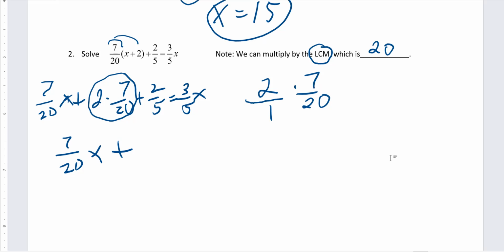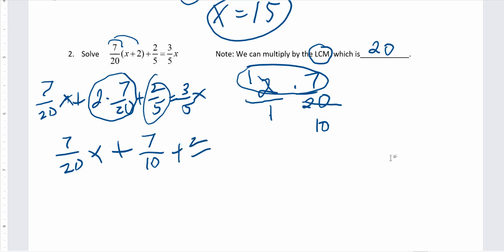Now I see there's a 2 on the top that I can cancel with the 20 on the bottom. Dividing them both by 2 gives me 1 and gives me 10. So I end up with 7 times 1, which is 7, and 1 times 10, which is 10. I still have the plus 2/5, and I still have the 3/5 x on the other side.